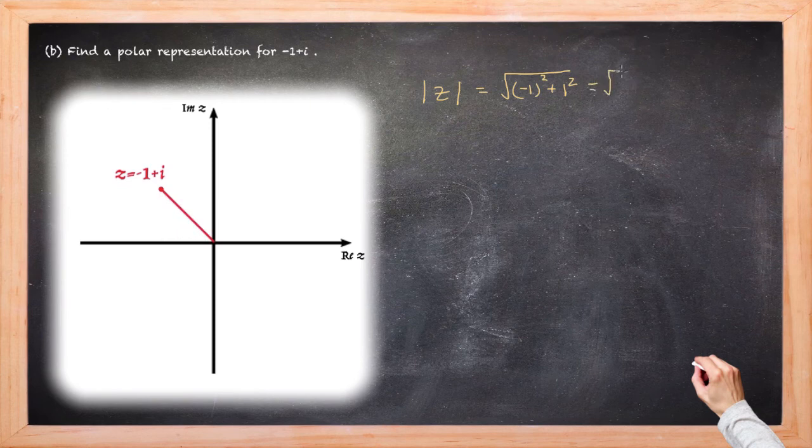Square root of 1 plus 1 is root 2. And an argument, 3 pi upon 4. So the polar form, or one of the polar forms, would be root 2 times cos 3 pi upon 4 plus i sine 3 pi upon 4.